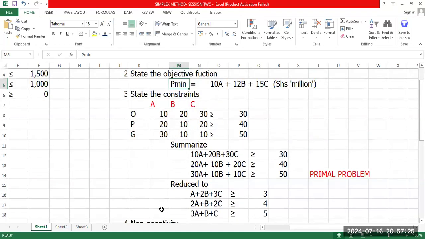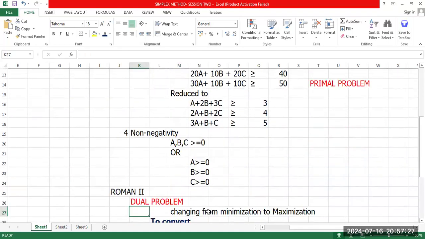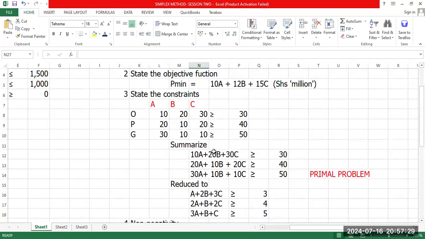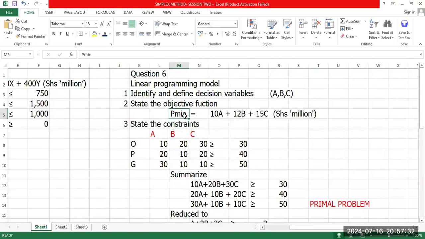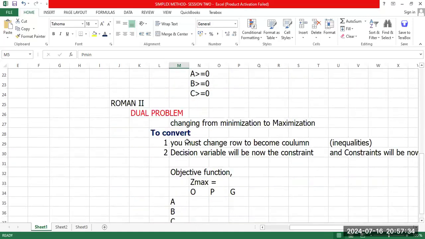If the initial problem was to maximize, then our focus would be to change from maximization to minimization. Is it clear?